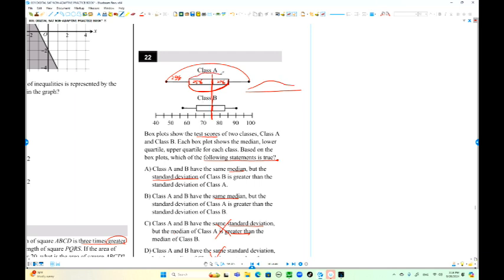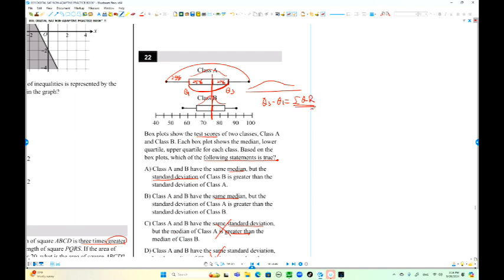This way. Looks like this way. But this one is this way, right? So remember, to compare standard deviation, compare the length of the interquartile range. This is the third quartile, first quartile. Third quartile minus first quartile, that is what we call the interquartile range.